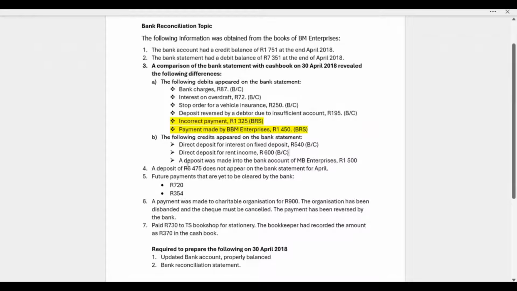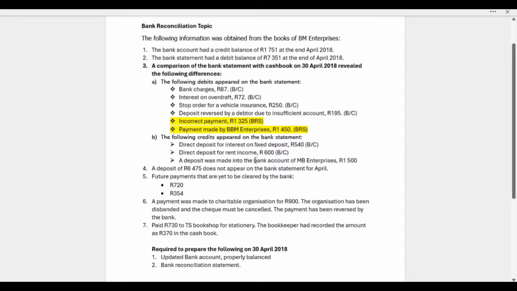The next one, they say a deposit was made into the bank account of MB Enterprises of 1,500. We are BM.